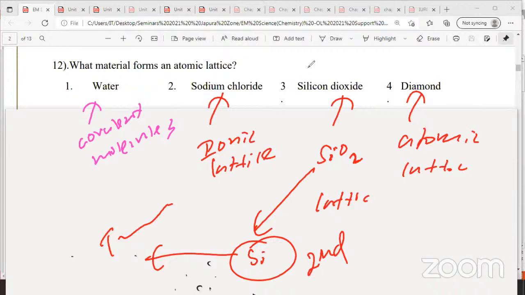Silicon is the second most abundant element in the earth's crust. What is the most abundant element in the earth's crust? Oxygen. Because in silicon dioxide there are two oxygens, a 2:1 ratio. Most abundant in the earth's crust, oxygen. Second most abundant, silicon.